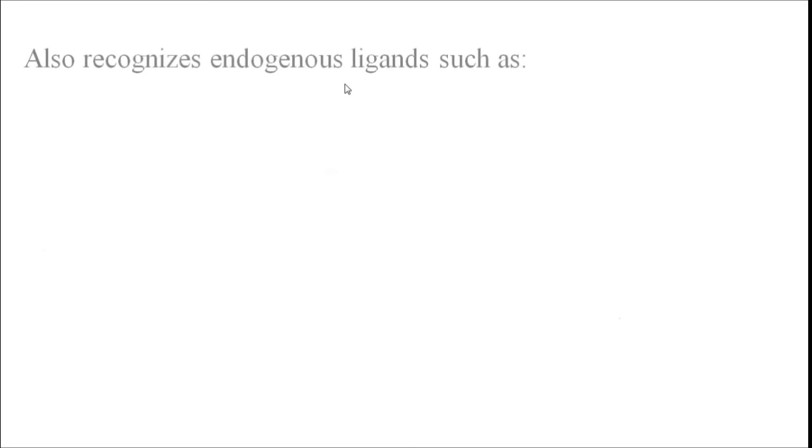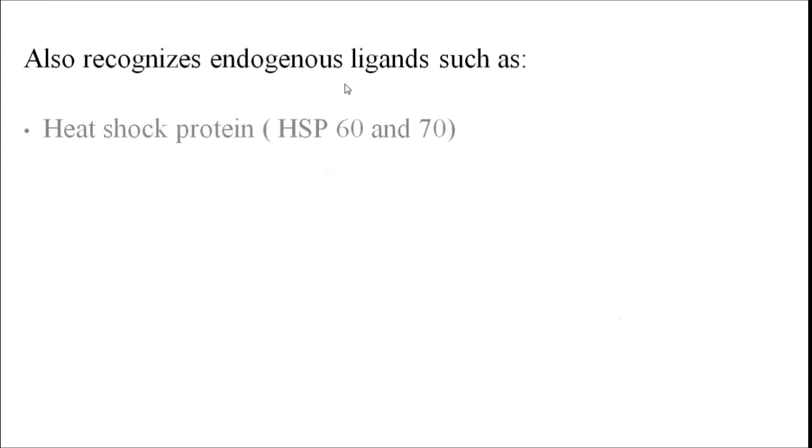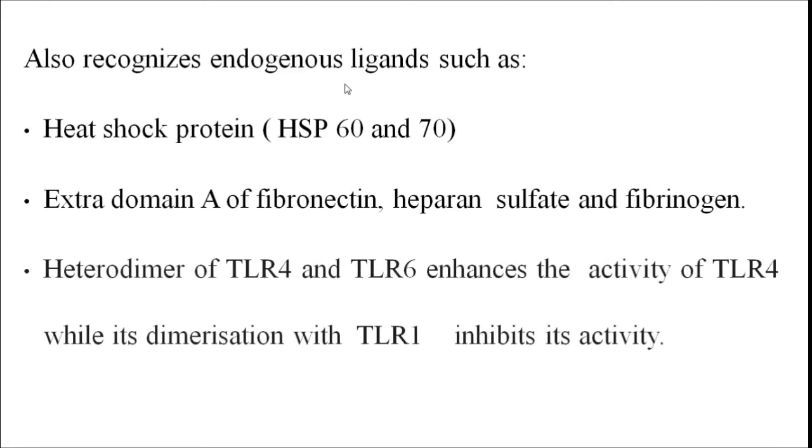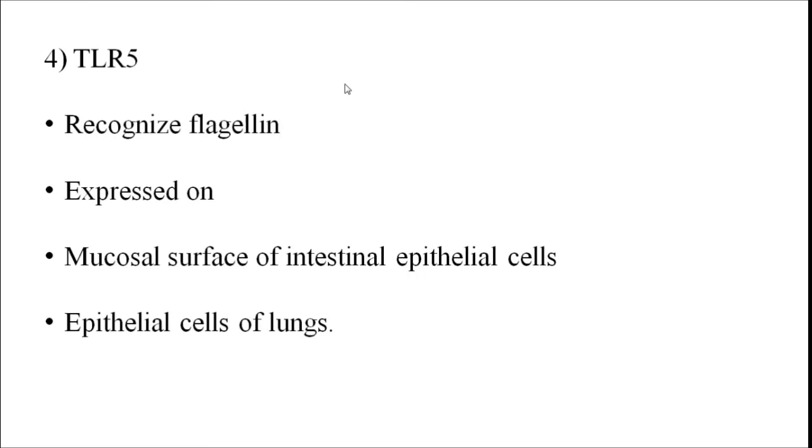In addition, it also recognizes endogenous ligands like heat shock protein, the extra domain of fibronectin, heparan sulfate and fibrinogen. It also enhances its activity when dimerized with toll-like receptor 1.